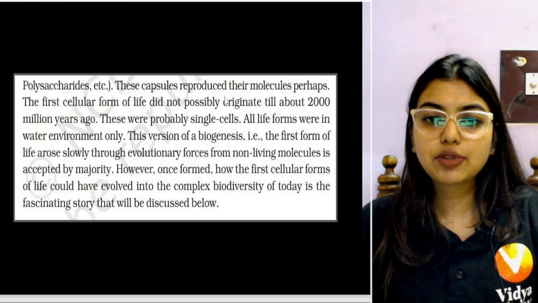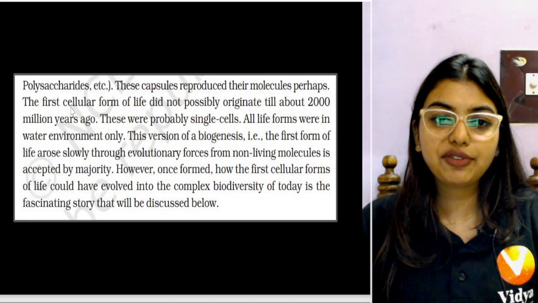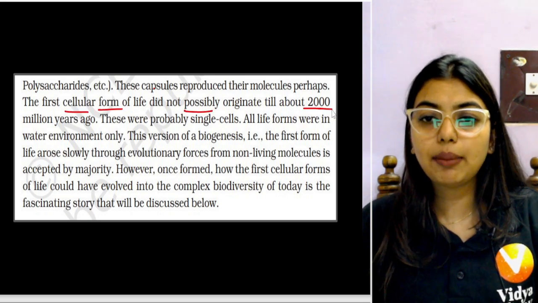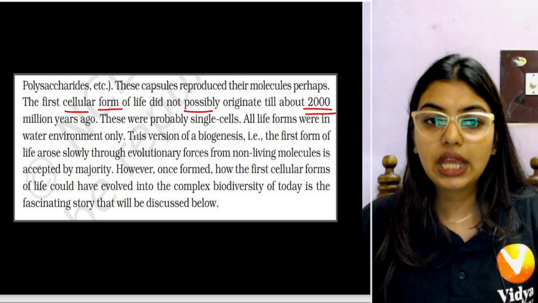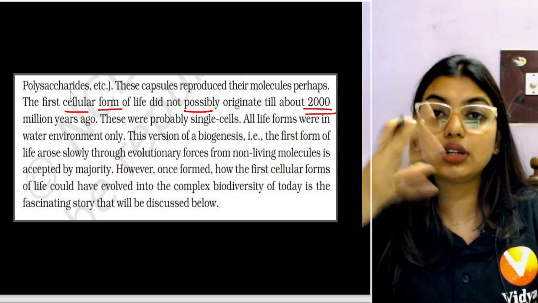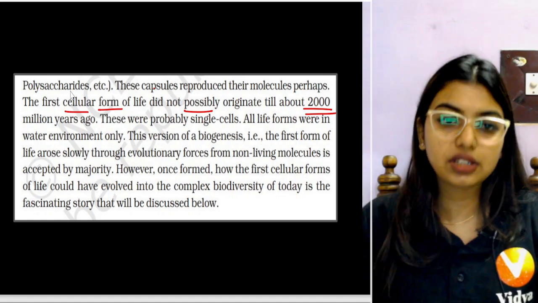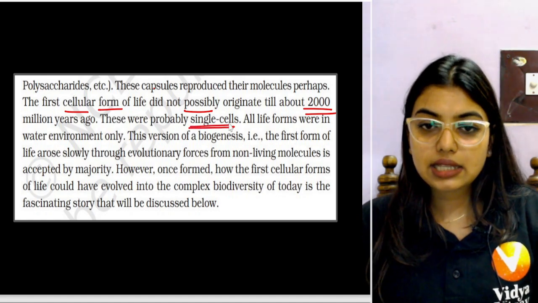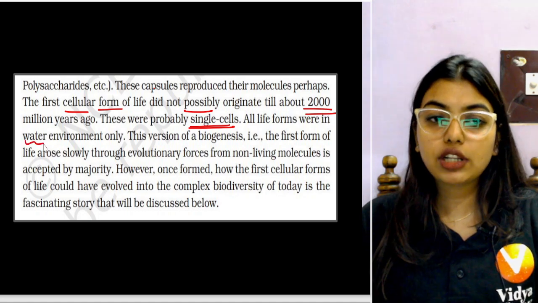See students, these capsules reproduce their molecule. Perhaps the first cellular form of life did not possibly originate till about 2000 million years ago. So the first cellular form came after 2000 million years ago, that is 2 billion years ago. These were probably single cells. All life forms were in a water environment only.